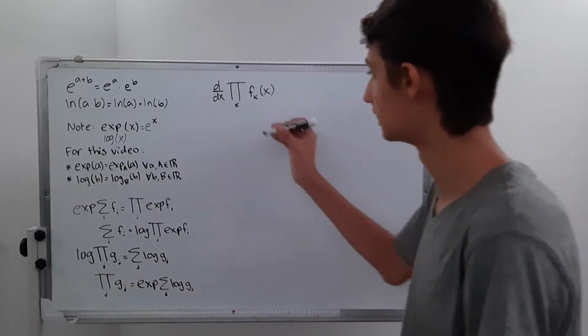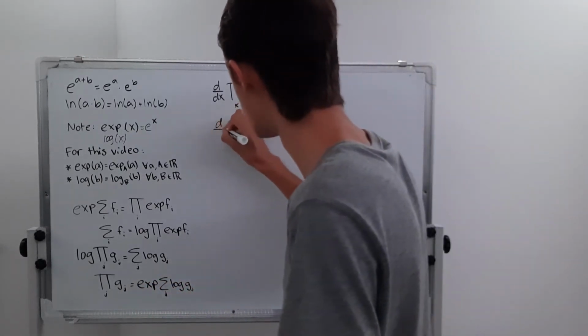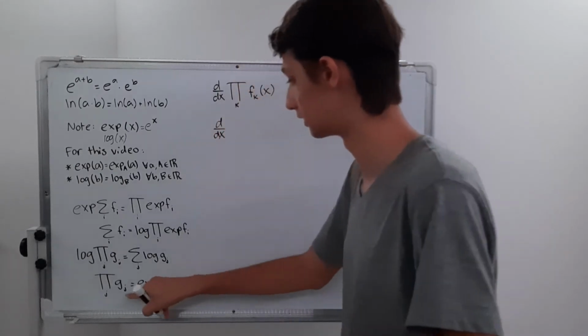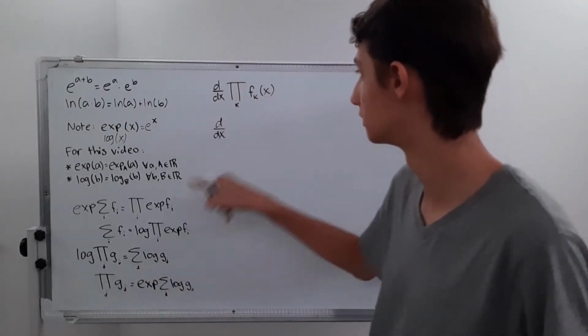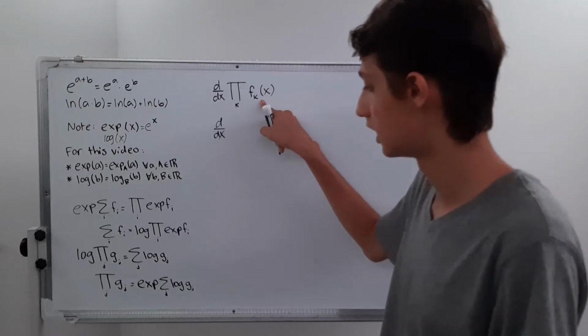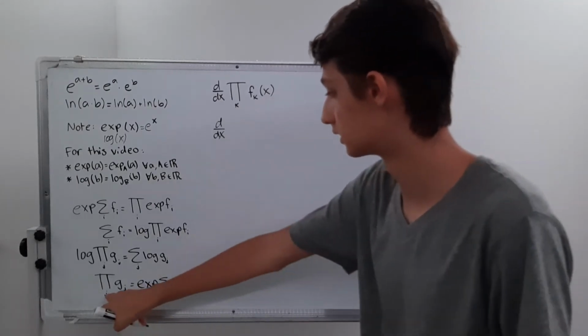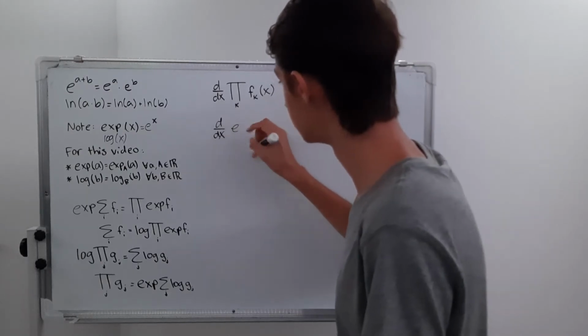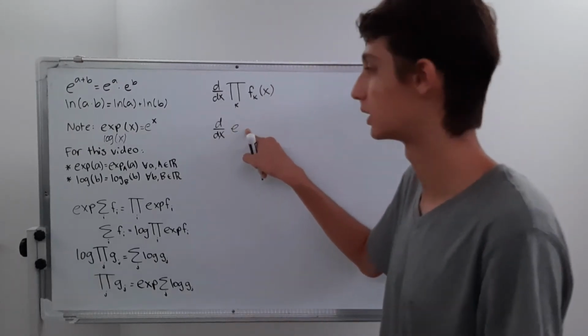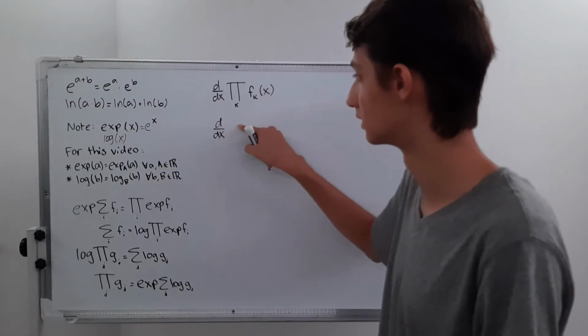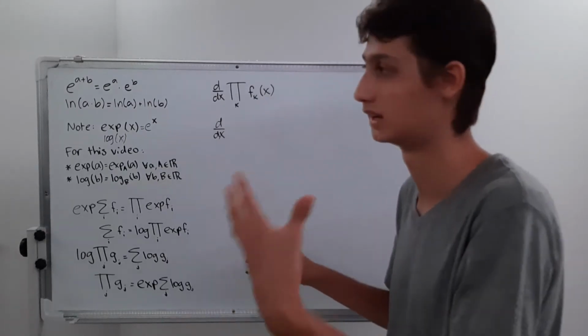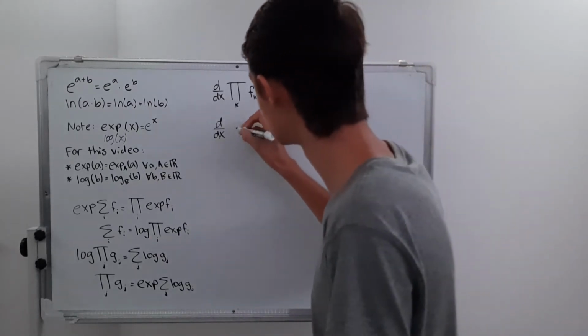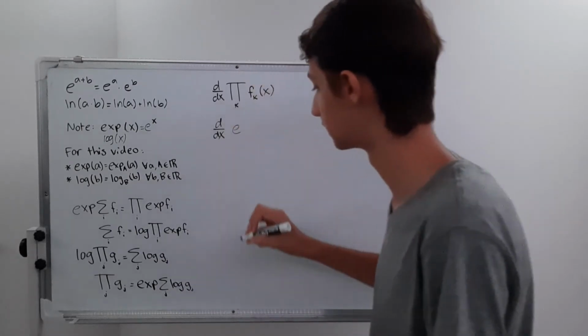You could just say that this is the derivative of, because this is our g_j function, that's what our f_k function is, really this is just the same thing. We can just say that this is the exponential, and I'm going to use e. You can use any exponential. If you want to do it formally, you should say exponential base k or something, but I'm just going to use e for this example.